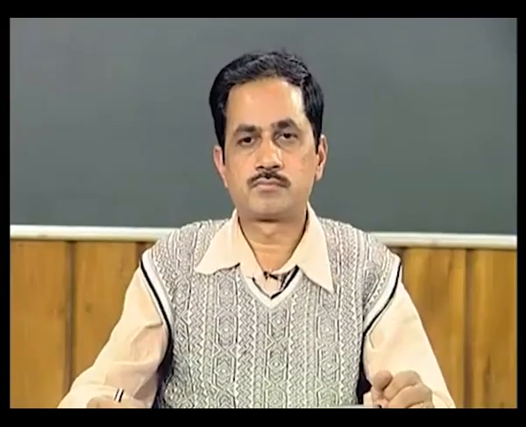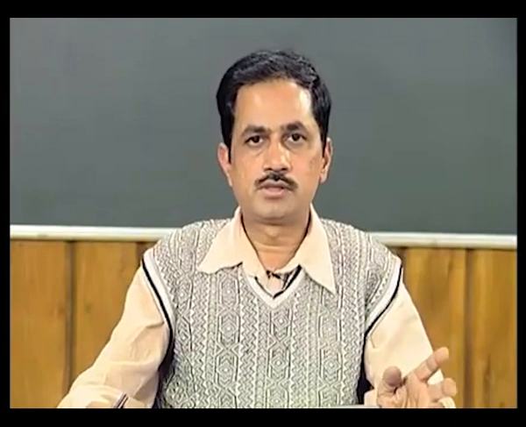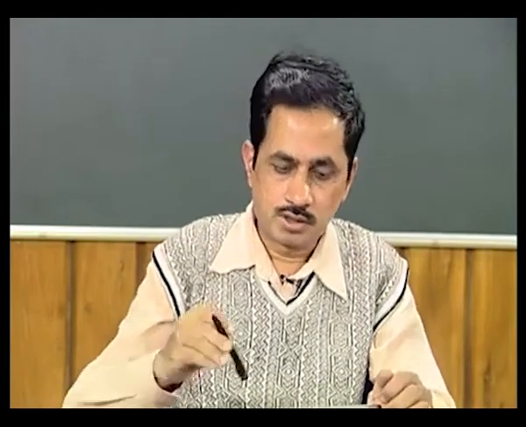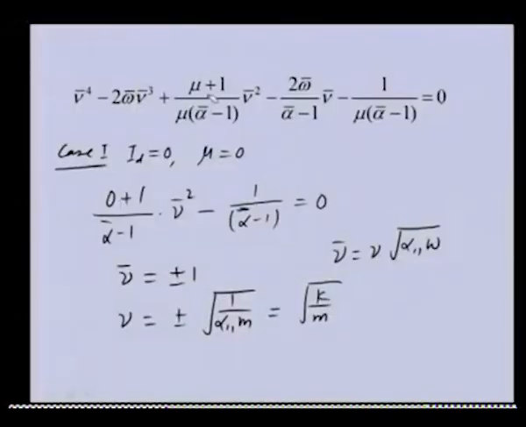So, now we have seen two cases. The third case is the general case. We are not assuming any particular special case. For that case, this frequency equation will be plotted. Now, this frequency equation can be rearranged like this.